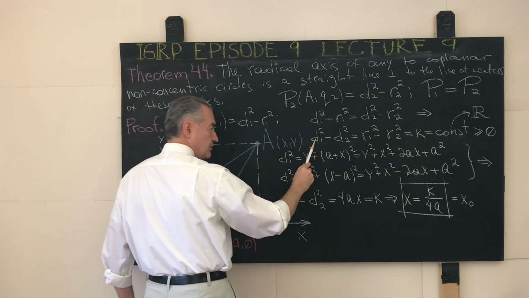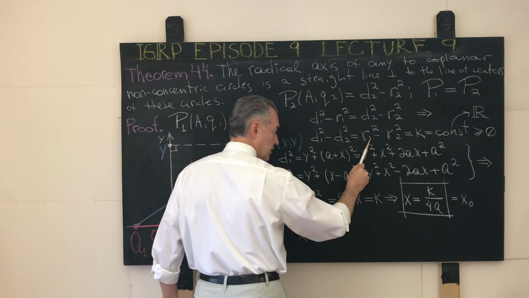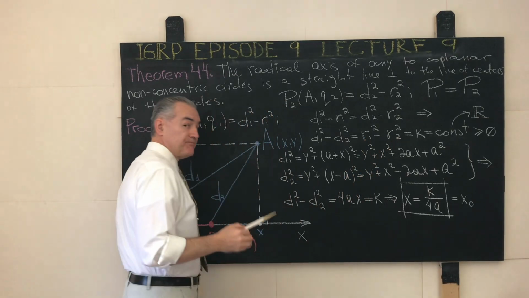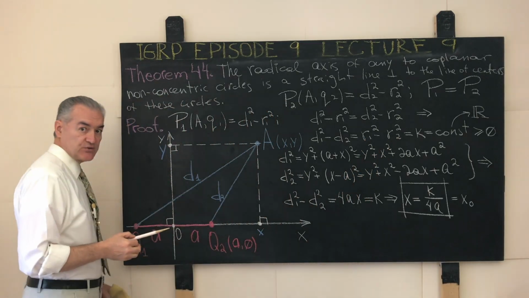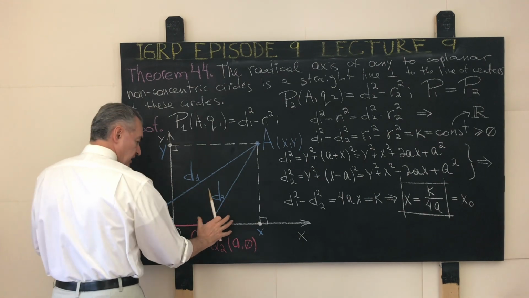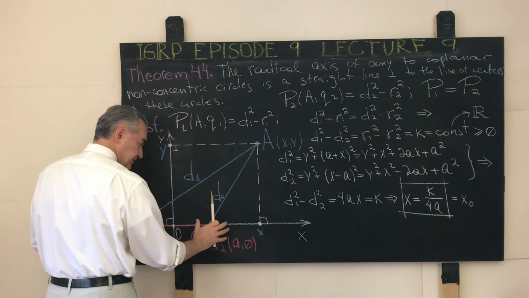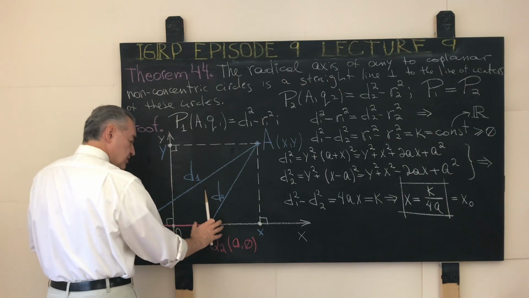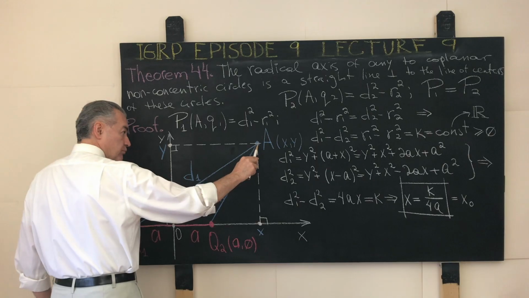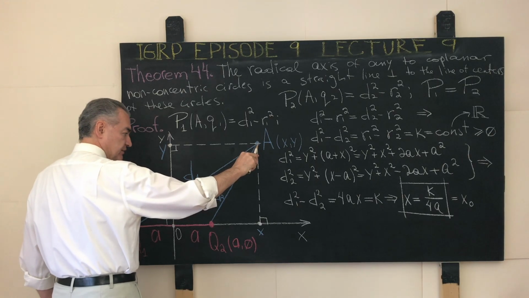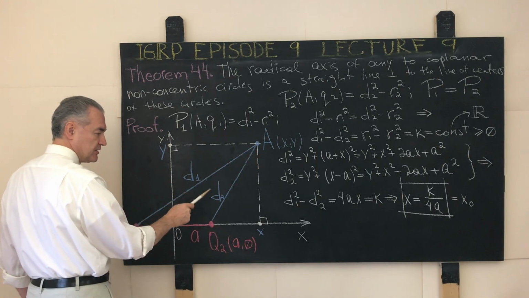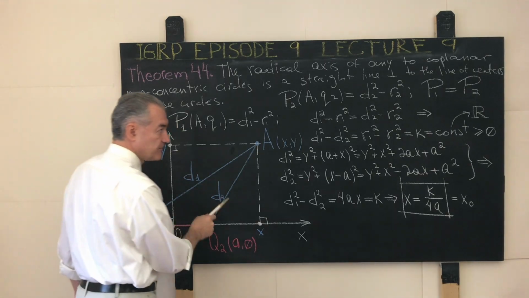Again, because d1, d2, r1, r2 are constant real numbers, which means what? That means that the radii of these two circles that are coplanar and non-concentric are fixed. Their location is fixed, and the point A is also fixed. So the distance d1 and the distance d2 are also fixed.